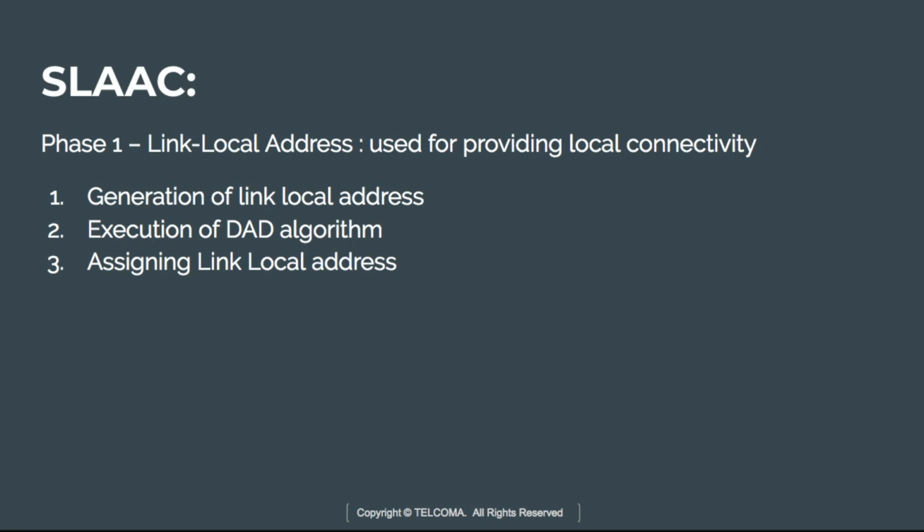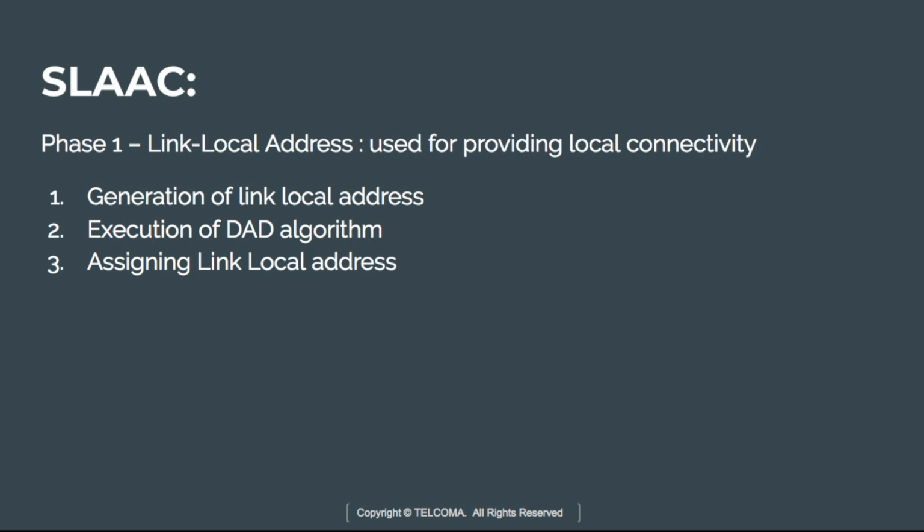After that the next step is execution of the DAD algorithm, the duplicate address detection algorithm. Prior to assigning the new link local address to its interface, the node must verify whether the address is unique or not. This is done by sending a neighbor solicitation message to the new address.